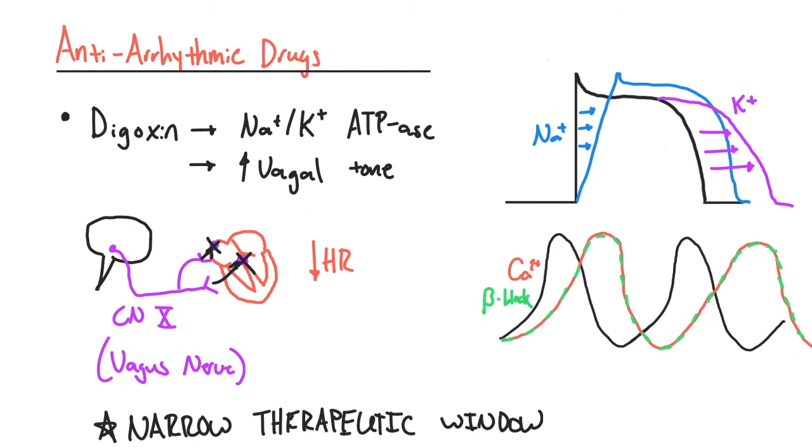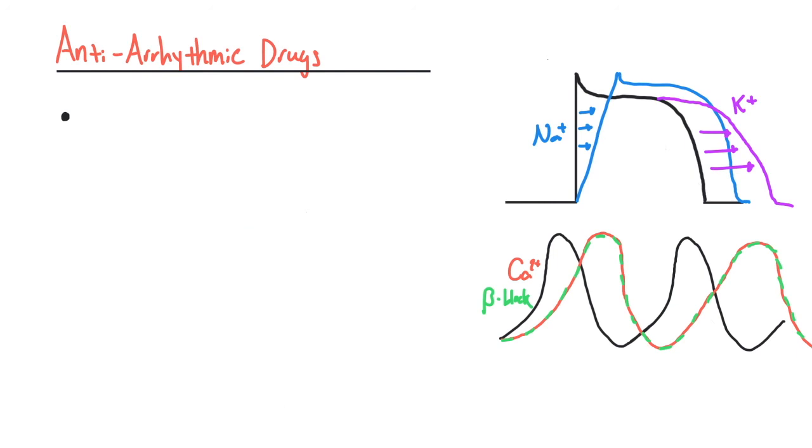These life-threatening arrhythmias, as we'll talk about in our next lecture, are generally due to the dysregulation of calcium handling that digoxin can cause.